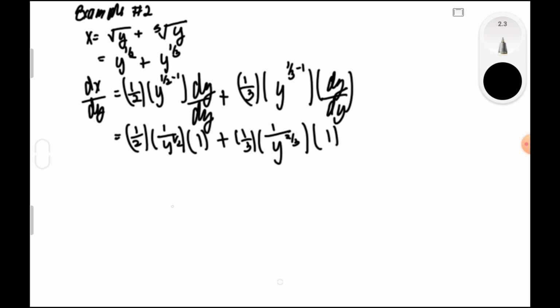So we have 6y raised to, what you will do is add their exponents, since a raised to m times a raised to n gives a raised to m plus n, right? So from here we'll have a value equal to 1/2 plus 2/3.